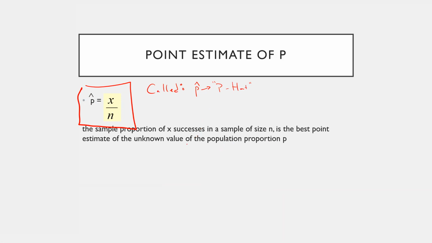And all P hat is, if you want to estimate the sample proportion, is the formula X divided by N, where X is the number of successes. What I mean by that is X is the number of people who have a certain characteristic.